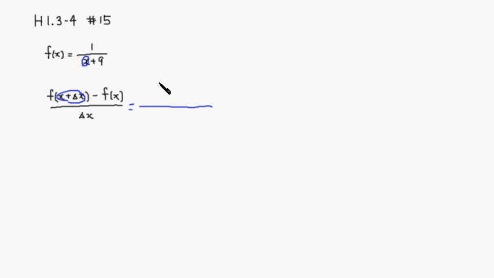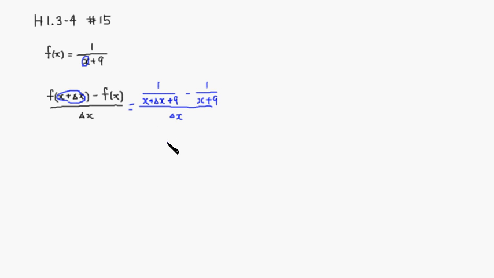So it's simply 1 over x plus delta x, plus 9, minus f of x, which is exactly the same as the given function, 1 over x plus 9. Then on the bottom there's delta x.